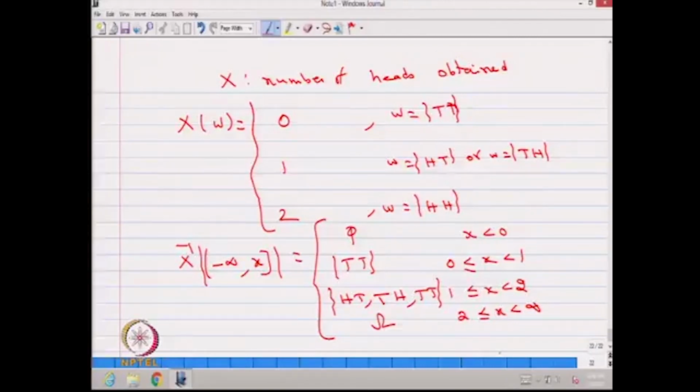Now we have to verify whether these 4 elements belong to F or not.